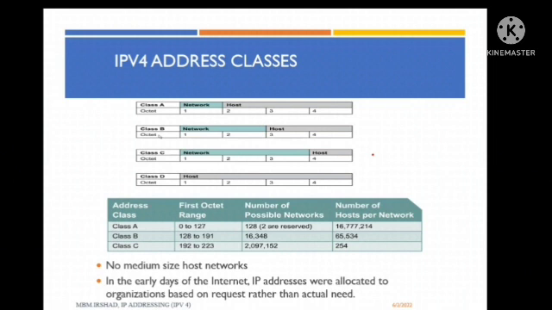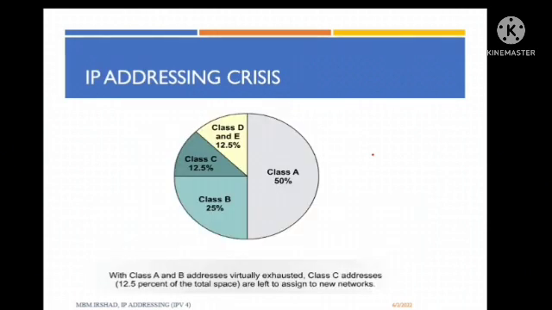Basically in the early days of the internet, IP addresses were allocated to organizations based on request rather than actual need.